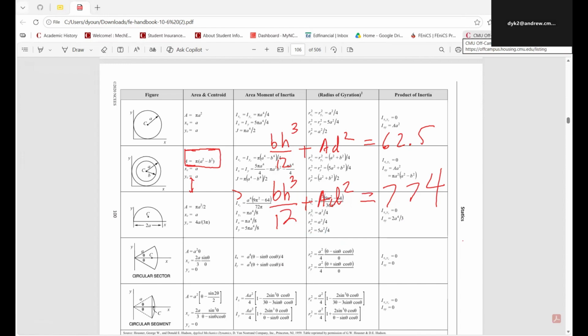Anyways, we're going to instead do I5 9 pi squared minus 64 divided by 72 pi, and then we're going to do plus area by a distance of a plus 4a divided by 3 pi squared instead, which gives the right answer apparently.